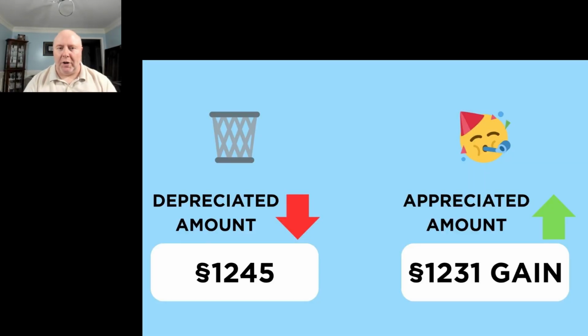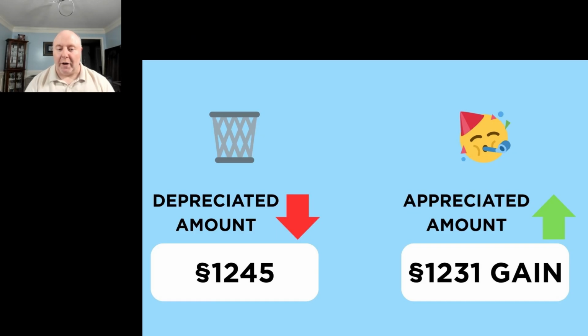All right, so we know what 1231 property is. It's depreciable property used in a trade or business held for over a year. So now, what's the big deal with it? Well, if it's 1231, we know that it might be capital or it might be ordinary. So if we have a 1231 gain, we have to go through two different tests. The first one is 1245 recapture. The second one is a 5-year look back.